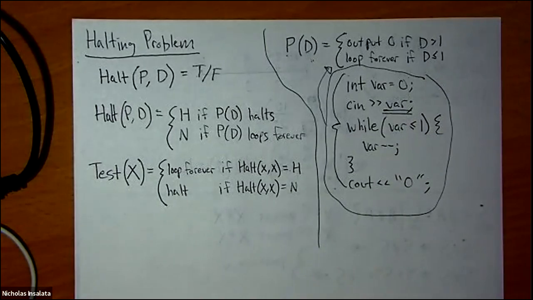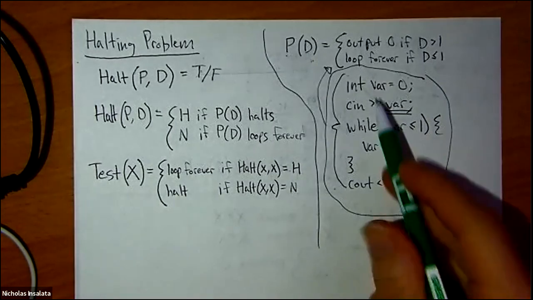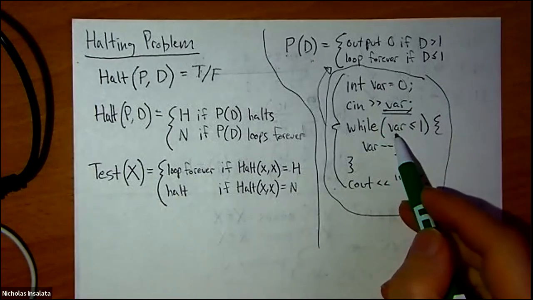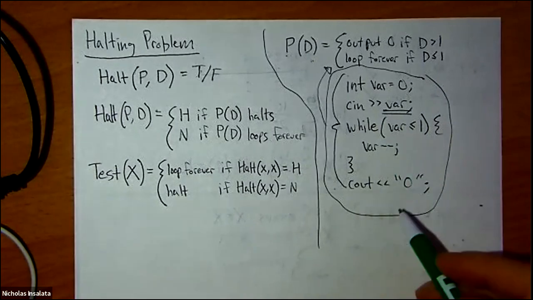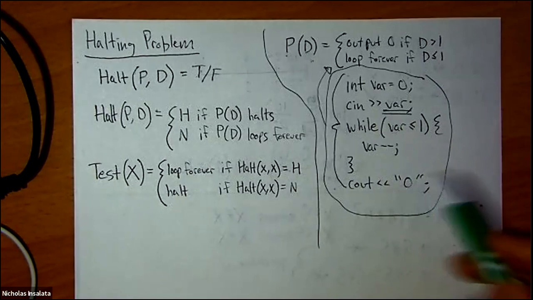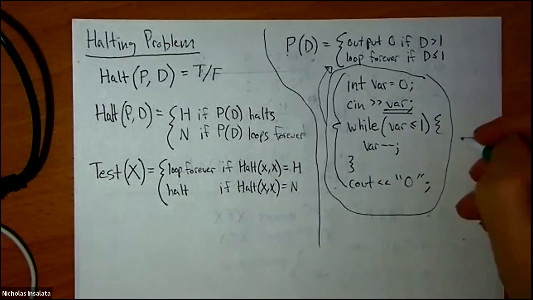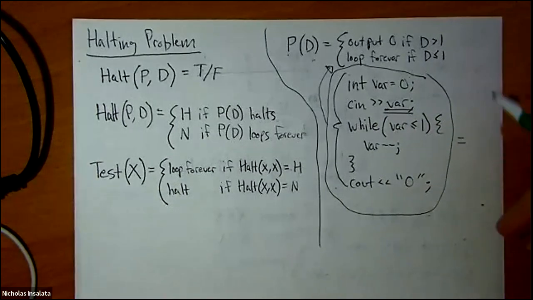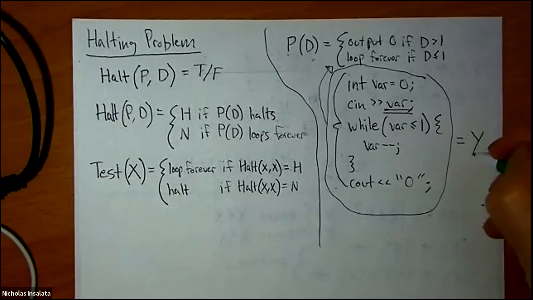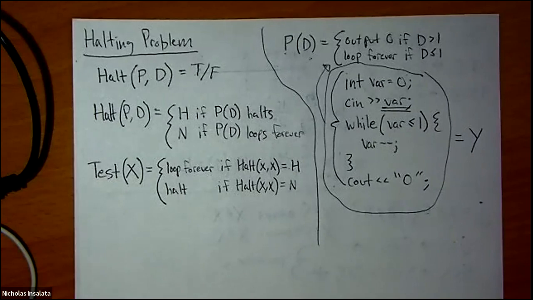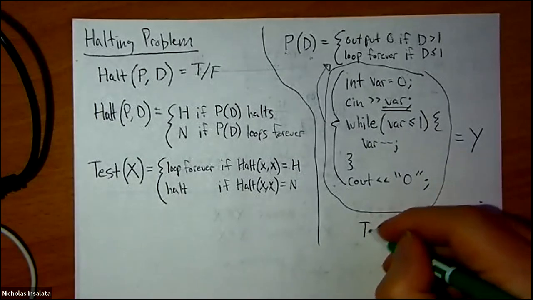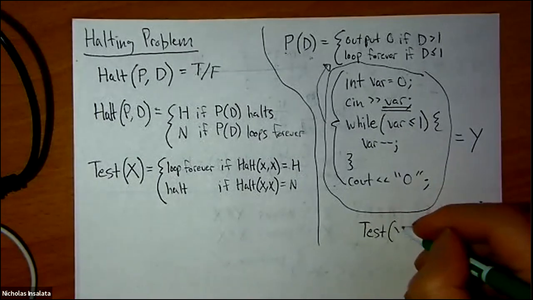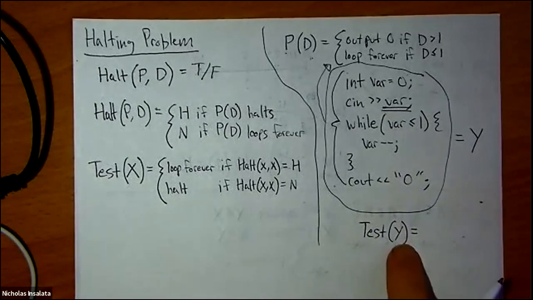Well, if it's a really big number, then that particular input, the program's own text as the input to the program, would cause it to halt. So if we took this program, let's call this program Y, and I did test of Y, what would happen?